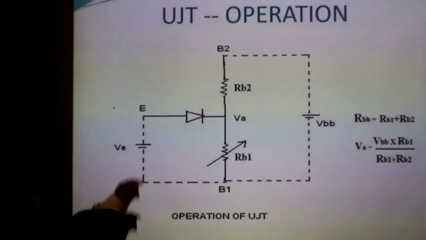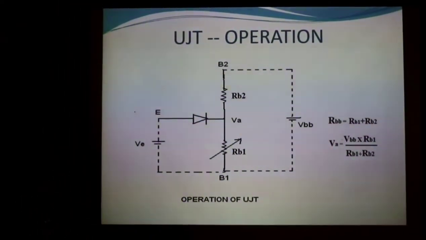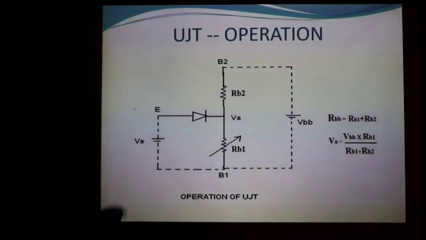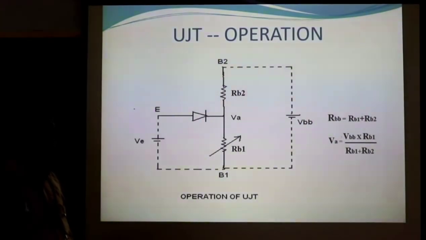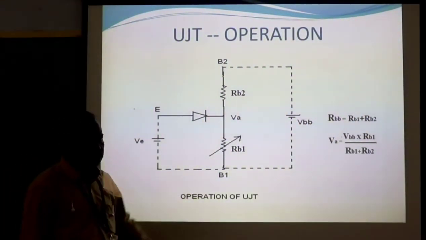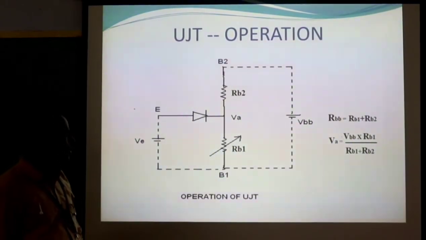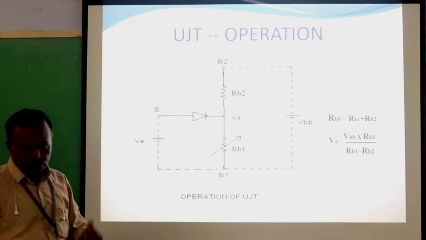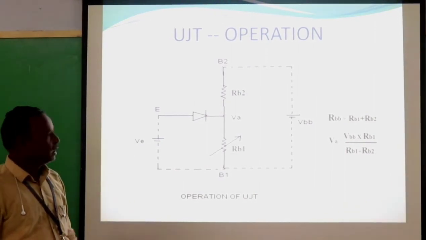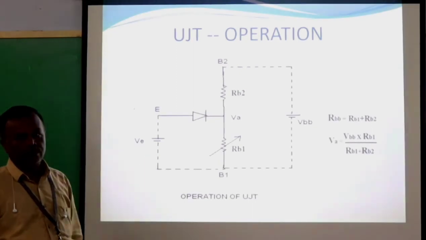At the point A, the voltage is VA, the voltage at the cathode. At B1 it is 0, and at the point B2 it is VBB. Whenever the emitter voltage is 0, the VA has some value according to the VBB.